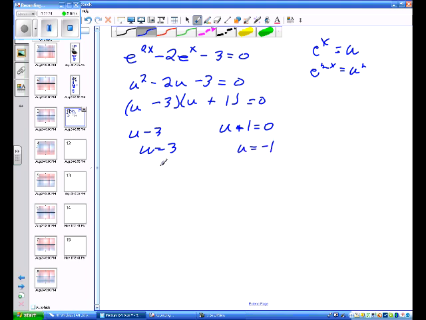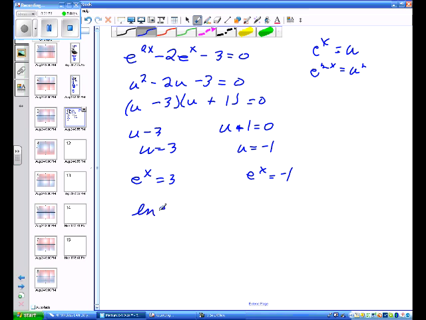Then we need to substitute back in because we weren't solving for u, we were solving for x. So e to the x equals 3 and e to the x equals negative 1. Well, we need to solve for our exponent, so what we're going to do is take the log of both sides. And here's where it comes in handy that we're using the natural log.